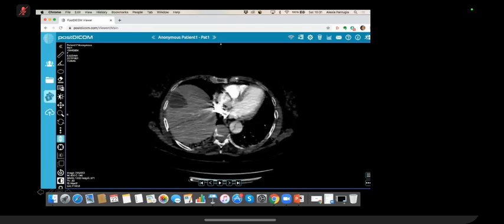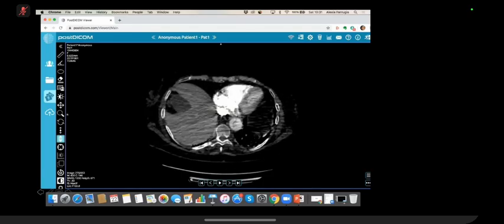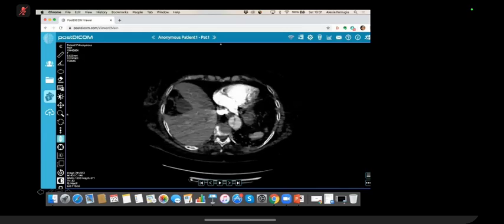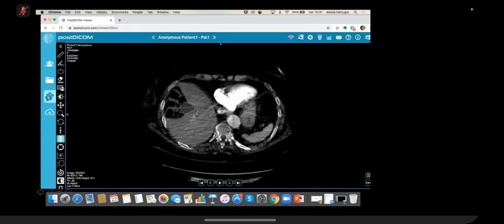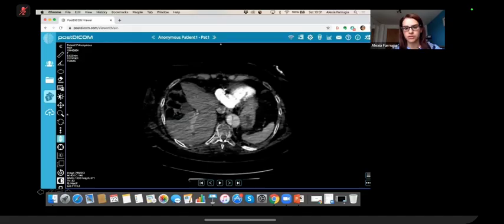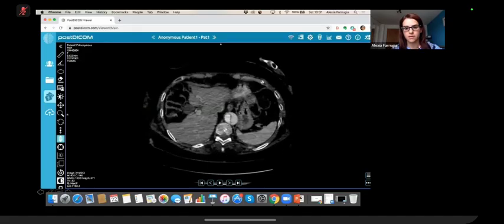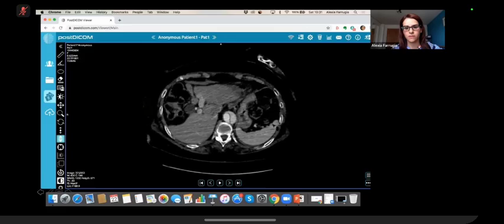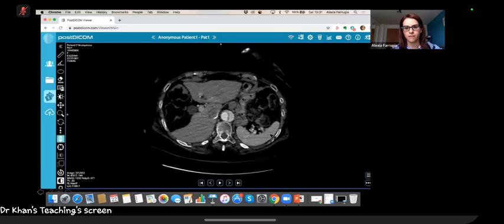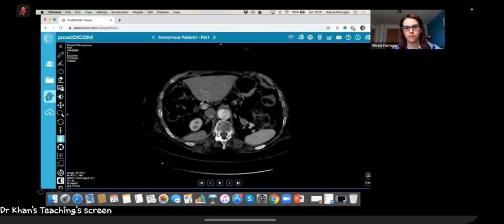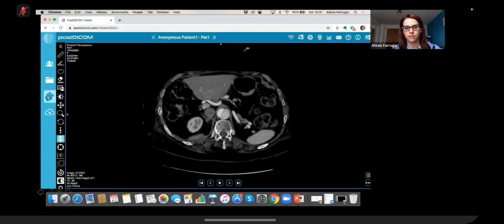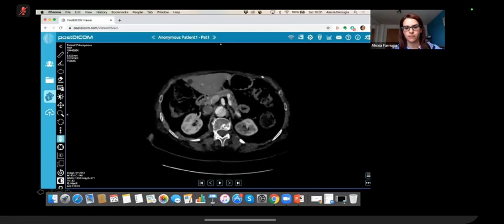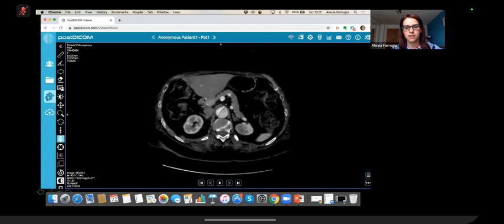So this is a large dissection flap. I'll have a look to see if it involves any of the abdominal aortic branches, such as the celiac or SMA. Okay, so let's look at those branches. That's the celiac there.